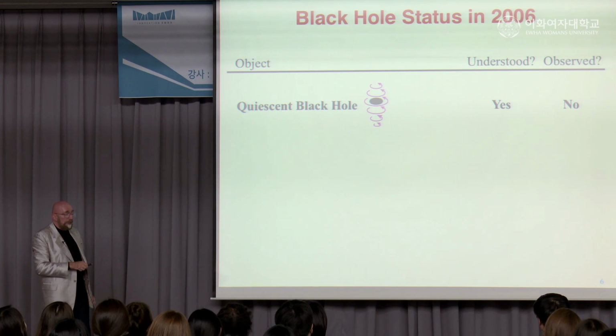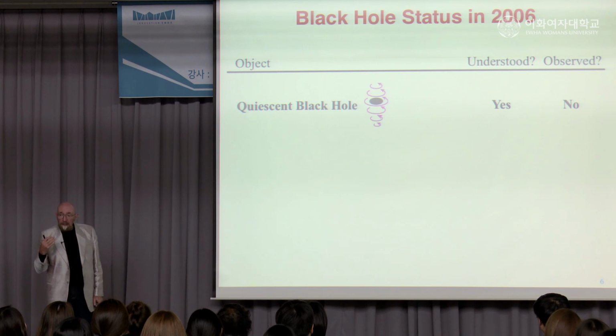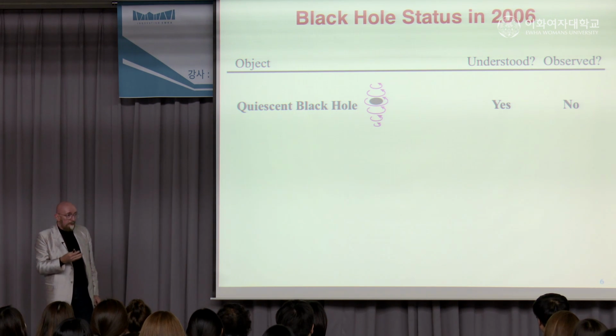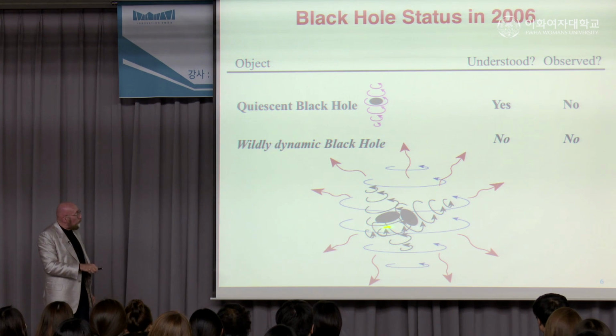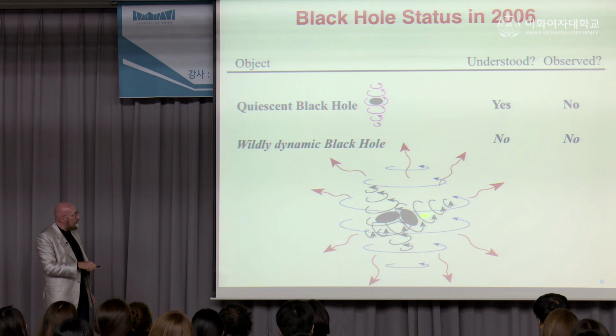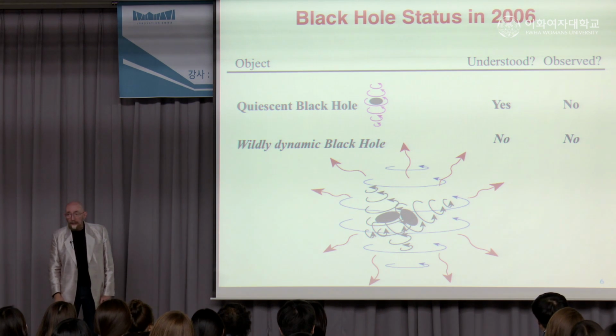We had never ever seen such a black hole, though we had already some indirect evidence for the existence of such a black hole, for example, in the center of our galaxy. But more interesting to me was a colliding black hole, two black holes that collide, and we knew nothing about how the warped space and warped time would behave when two black holes collide, and we had no observational data.